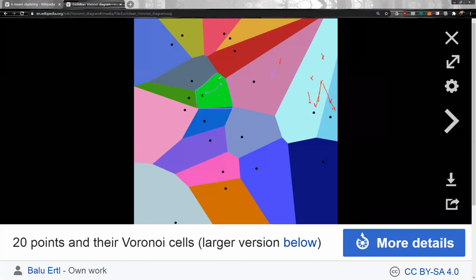Okay, so basically this Voronoi cells means that given these seeds, the black circles, we partition the entire plane this way. These Voronoi cells.